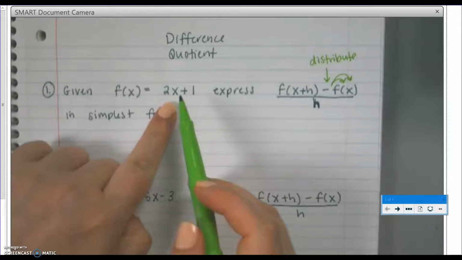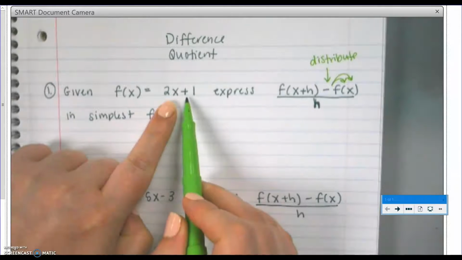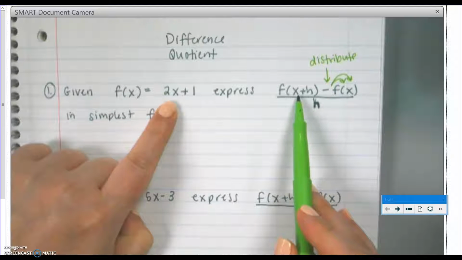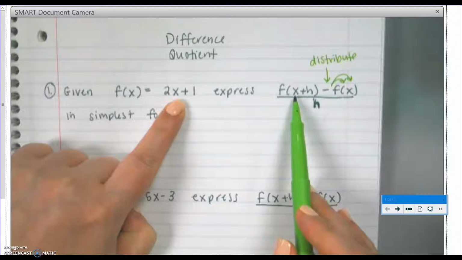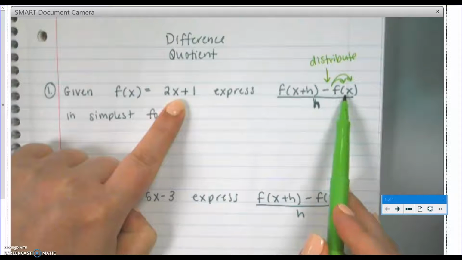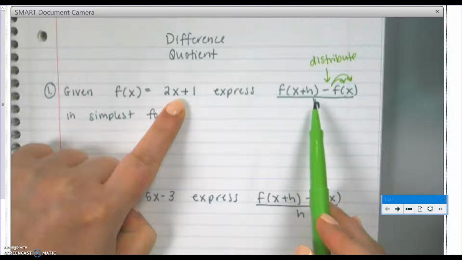So here's the function that I'm going to be using, and I want to express f of x plus h. So basically, I'm replacing the x with x plus h minus the original function all divided by h.